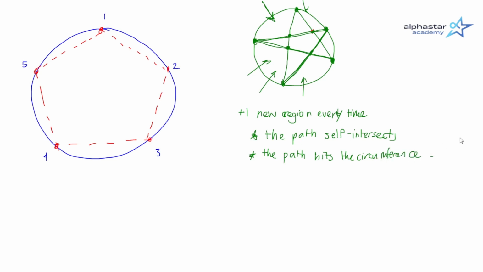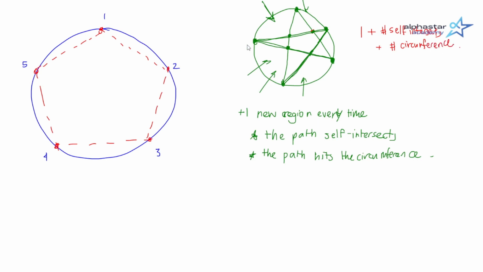So really, the number of pieces that we generate can be written as 1 plus, right? Since we start with 1 total piece, the number of times the path self-intersects plus the number of times the path hits the circumference.